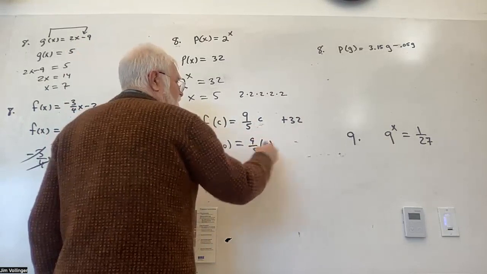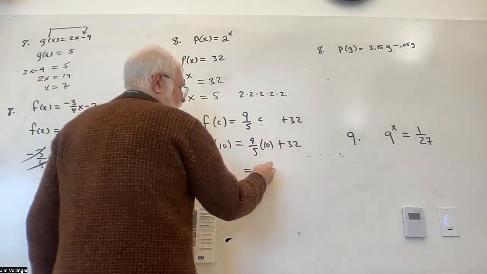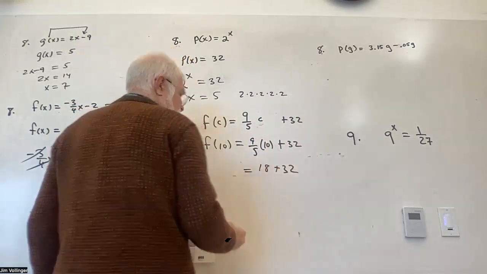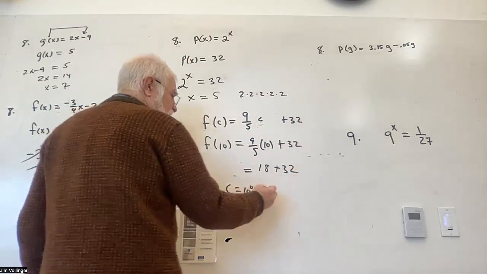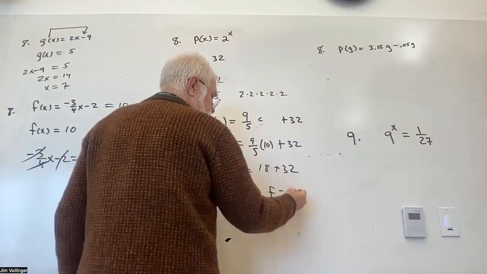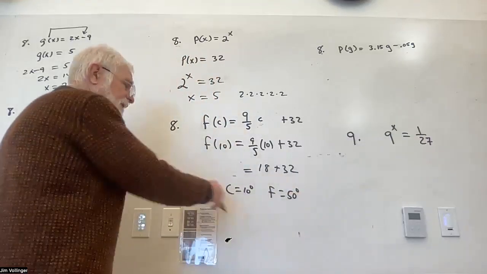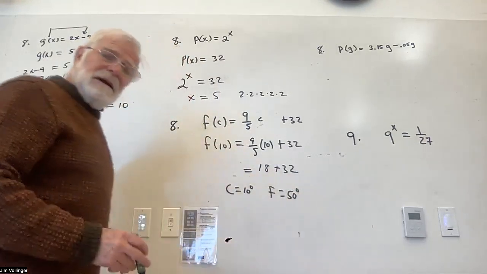I do believe twice. So over in India, 18 and 32 tells me that if you give me Celsius at 10 degrees, I'll give you Fahrenheit at 50 degrees. So it says 10 over there. I got a sense that it's around 50 degrees.